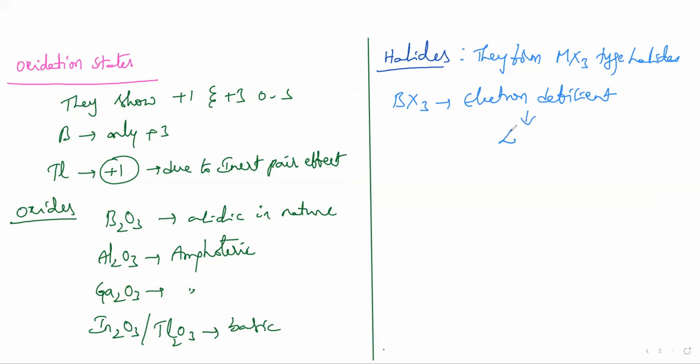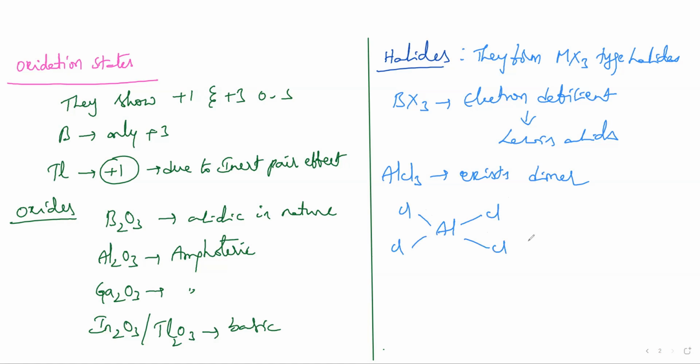So they act as Lewis acids. Then if you take aluminium trichloride, it exists as a dimer. How? Al, Cl, Cl, Cl, Cl, Al, Cl, Cl. So it is existing as a dimer. Okay.